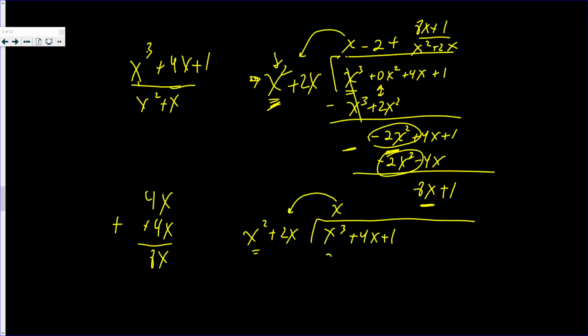When you multiply, you get x cubed plus 2x squared. And you subtract. That cancels. Now it is kind of unclear, but you need to picture that 0x squared, and when you take away 2x squared, you have negative 2x squared, and you still have the 4x, and you still have the 1.